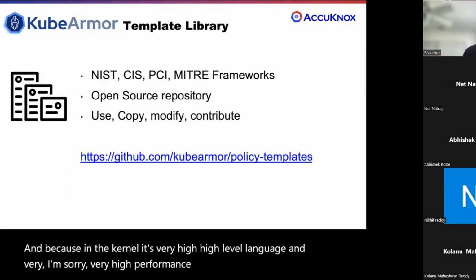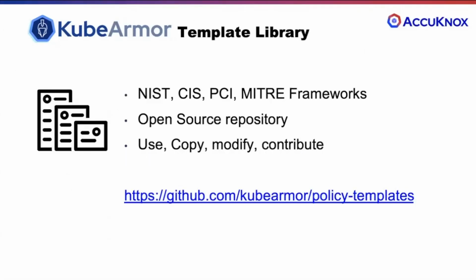So where do you start, right? Well, luckily you don't start with a blank slate. There's an open source template library that has best practices for NIST, CIS, PCI, and even MITRE frameworks that you can start with. You can copy them, modify them. You can create your own, update them, and share them with the industry.